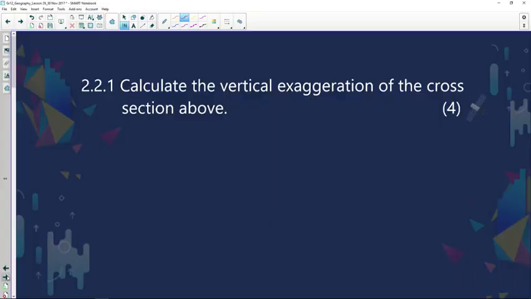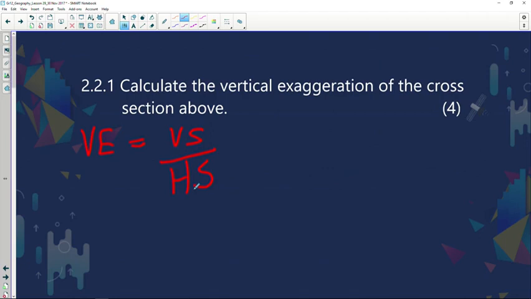Now the next question states, calculate the vertical exaggeration of the cross section. Now first of all, have a look at your formula. Vertical exaggeration equals vertical scale over horizontal scale.